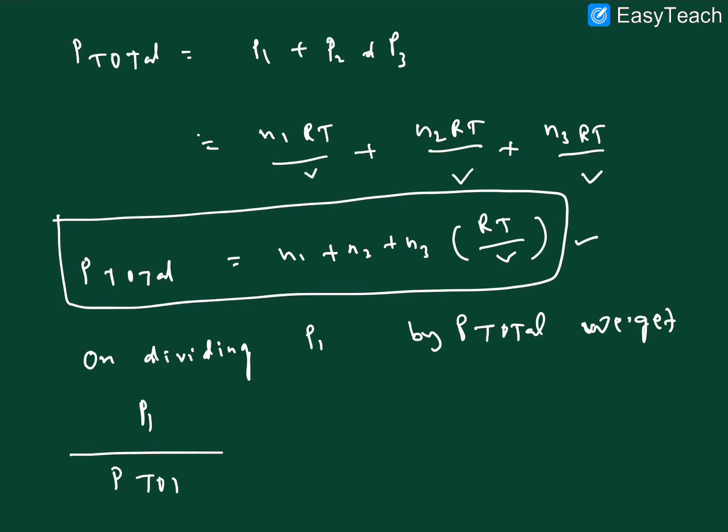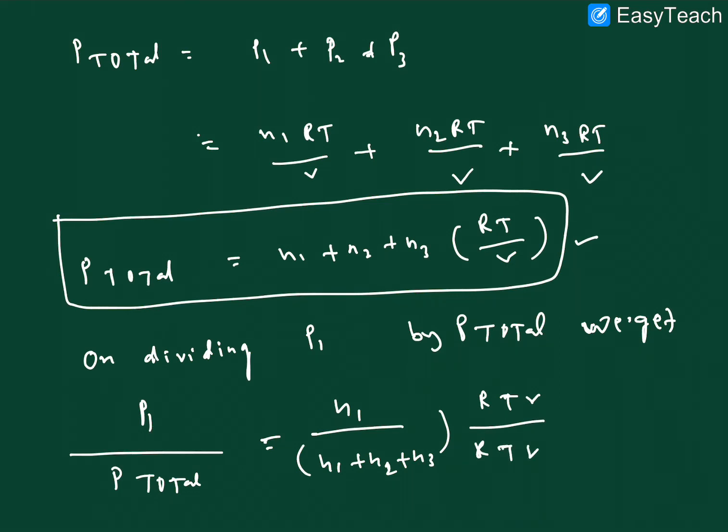P1 by P total equals n1 by n1 plus n2 plus n3, into RT by V. What is P1? P1 is equal to n1 RT by V. We are only dividing by the total pressure. I hope it is clear.